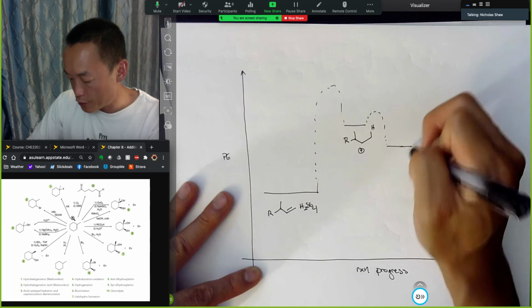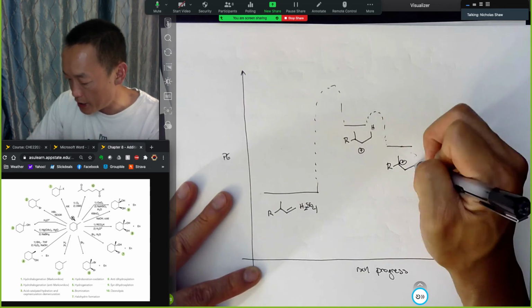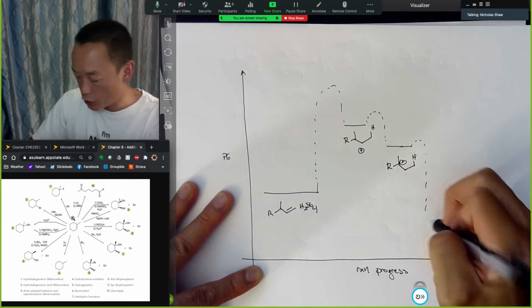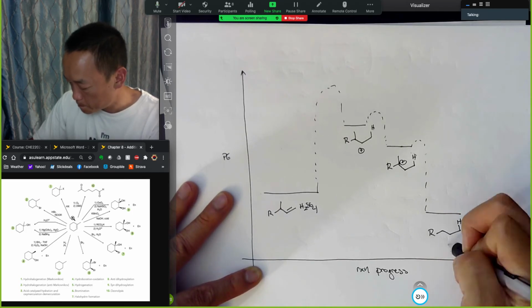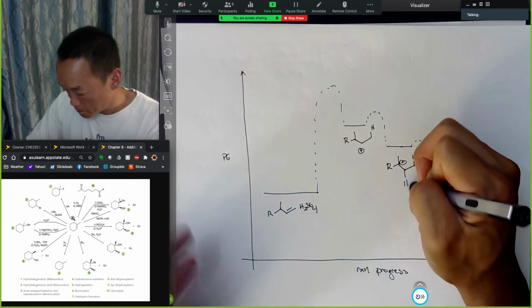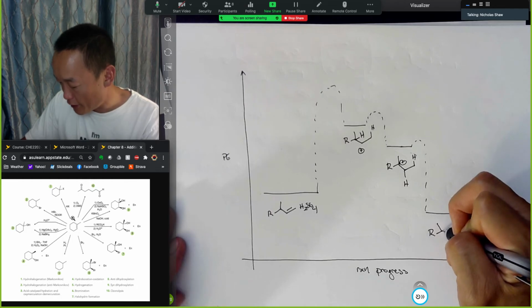I'm just going to keep drawing this so you can see what you might perhaps see on the examination, and then I'll come back and supplement this with some potential questions that you might see. I'm moving really fast now. Now the hand hurts.